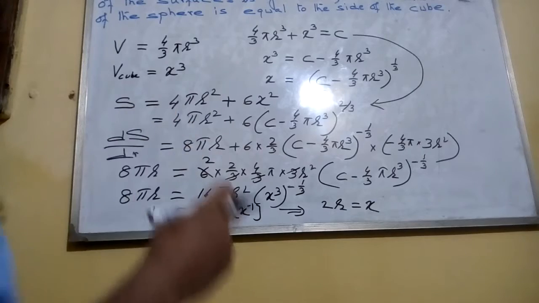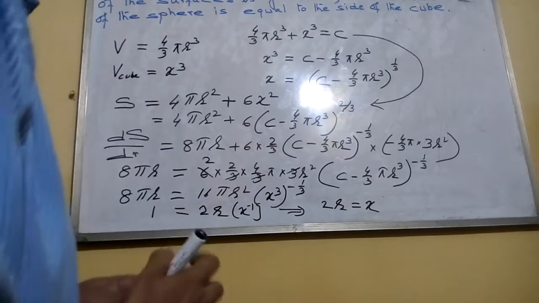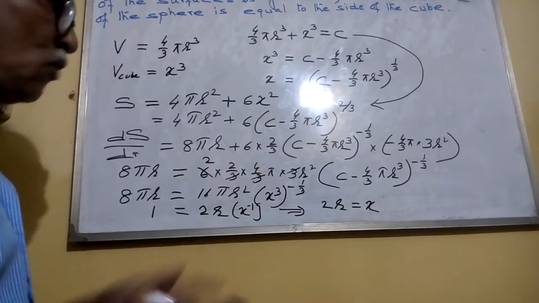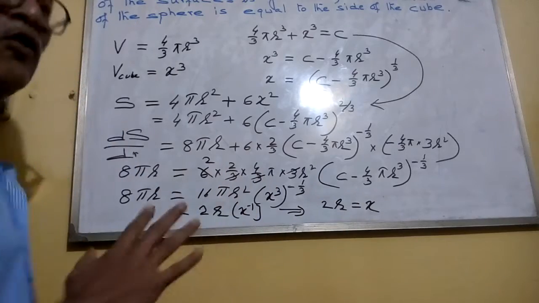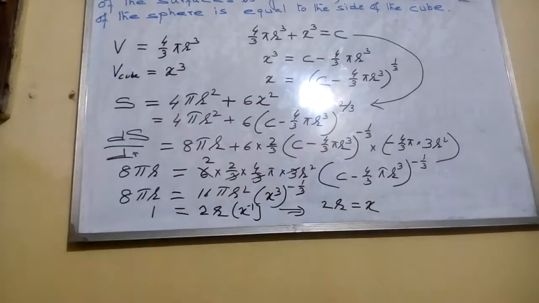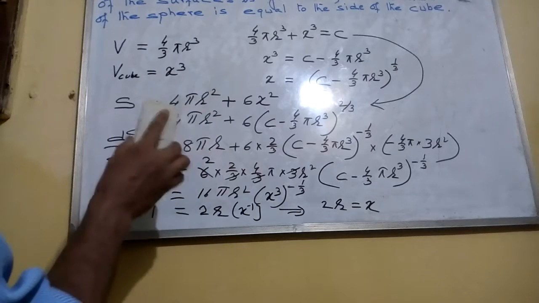So what we have seen is that when the surface area is greatest, then 2r = x, and 2r is the diameter, that is, diameter equals side of the cube. This was the thing which was asked to show. I think you will be able to understand it, but I will show you this once again in a different style.